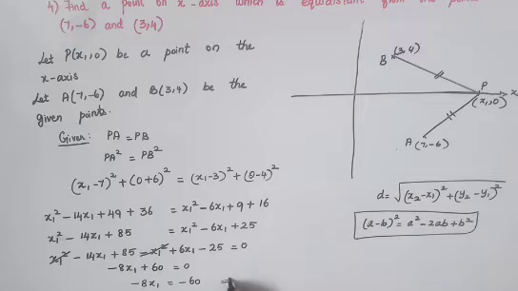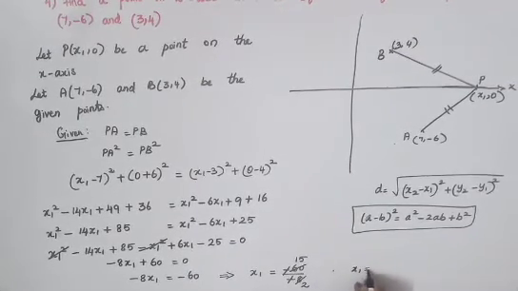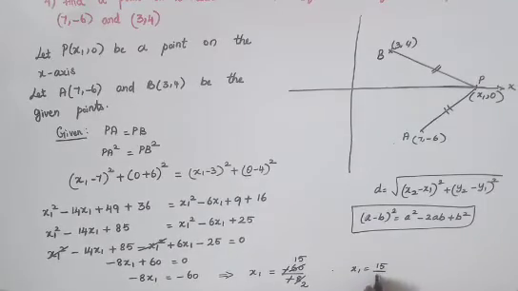That implies x1 is equal to minus 60 divided by minus 8. Minus and minus you can cancel. 60 and 8, it will go 15 times, and here it is 2 times in your 4 tables. Okay, so your answer is x1 is equal to 15 divided by 2.